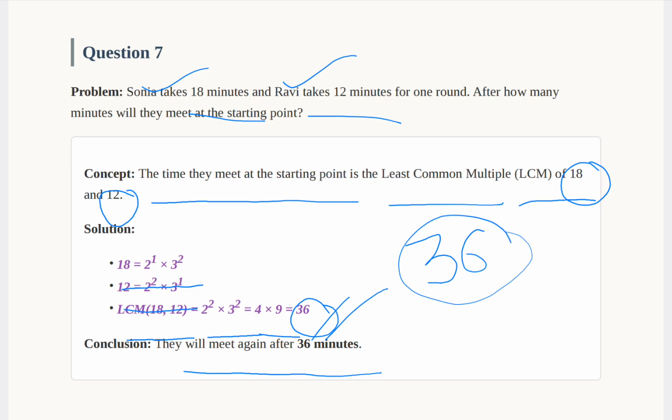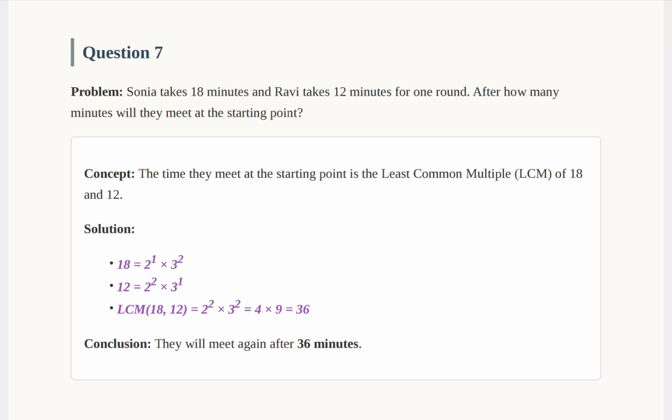So in this kind of a question, you will only find the LCM, and the LCM will be your answer. Just see here, you can get the LCM by prime factorization method. Or you can get LCM in this way: 12 comma 18, and you will divide like this.